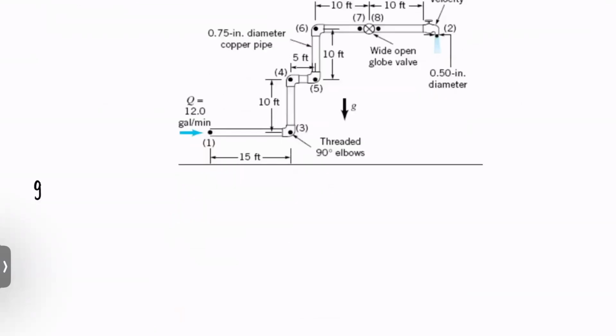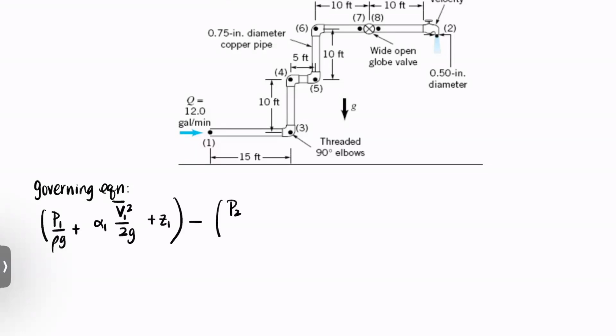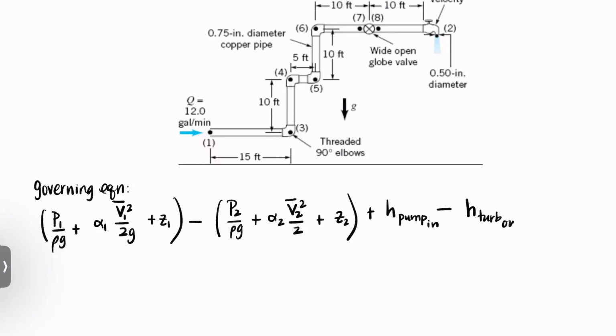We have our head loss equation. So we have P1 over rho G plus alpha 1 V1 squared over 2G plus Z1, minus P2 over rho G plus alpha 2 V2 squared over 2G plus Z2, plus H pump in minus H turbo machinery out.